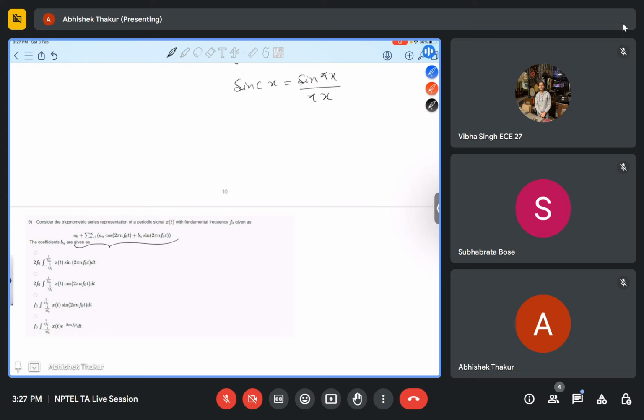The value of bn is always equal to the integration of x(t) into sine of 2 pi f naught t. This formula you remember. Integration is over minus 1 by 2 f naught to 1 by 2 f naught.